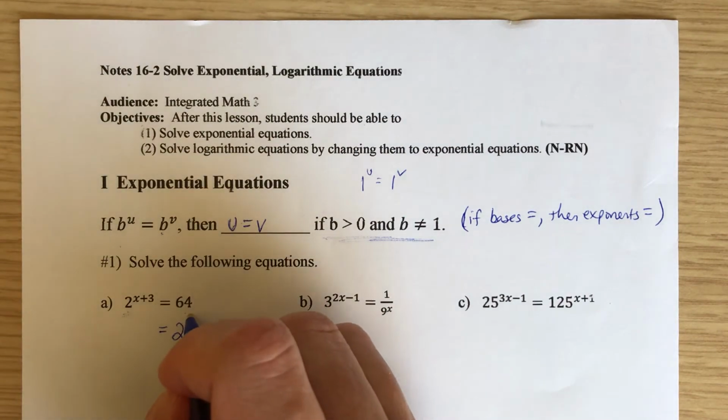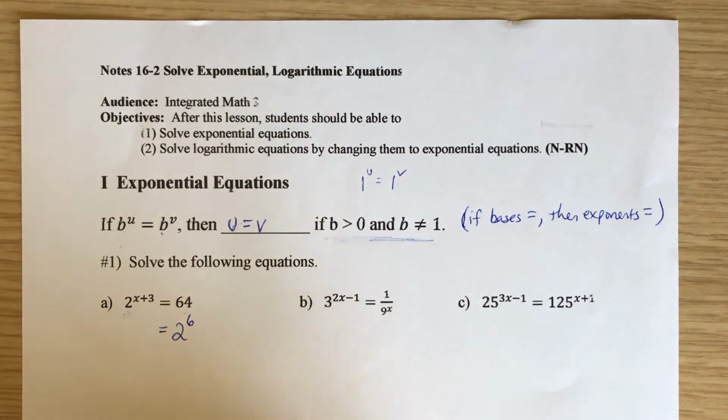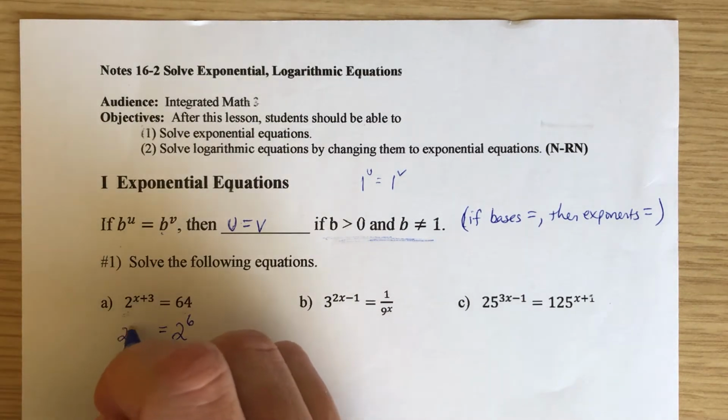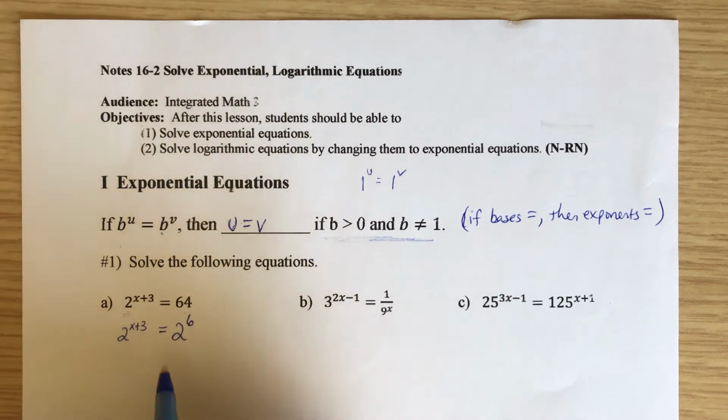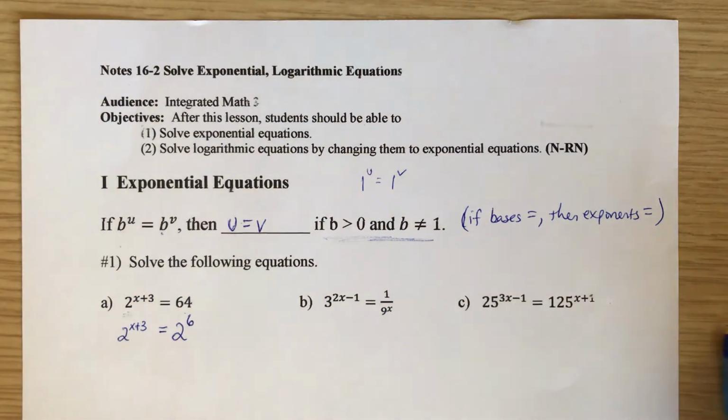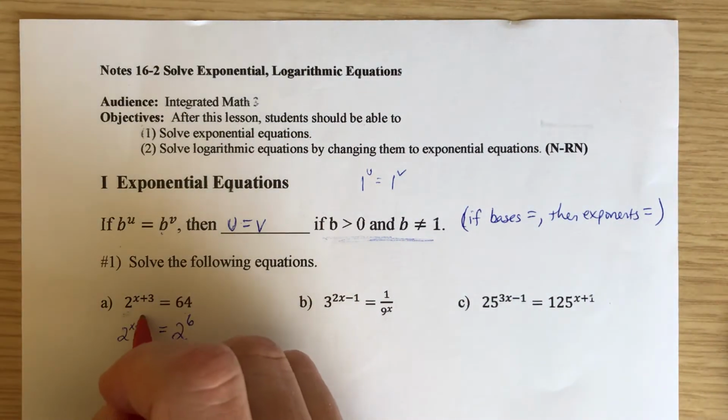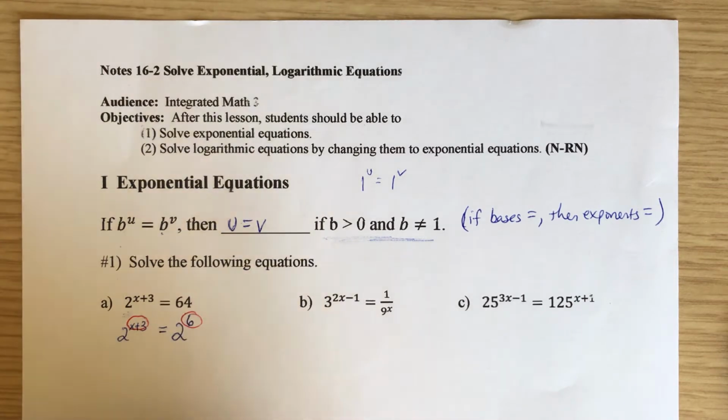That's actually 2 raised to the 6th power. 2 times 2 times 2 times 2 times 2 times 2 is equal to 64. And so we are going to rewrite the right side of this equation as 2 raised to the 6th. Now that the bases are the same, we can say that the exponents must be equal.